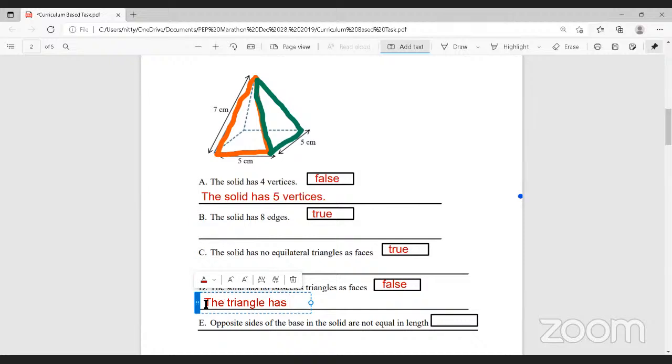So we're going to write a similar statement to that. Devani says the solid has 3 isosceles triangles as faces. Are you sure it's 3, Devani? The solid has how many isosceles triangles? Is it 3? Look at them.